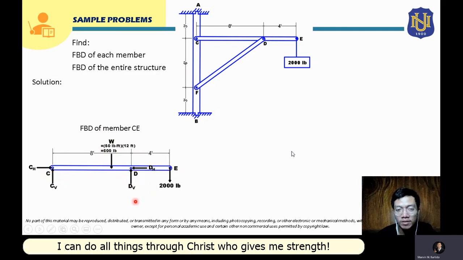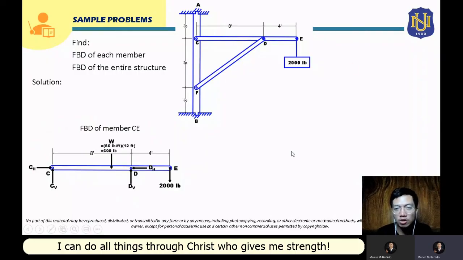So it should be upward. Again, our assumptions here may still be wrong; it will depend on our solution. But for now, this will be the free body diagram of our member CE.